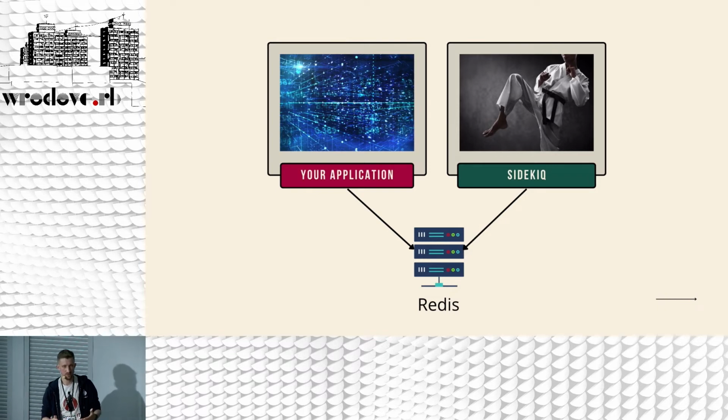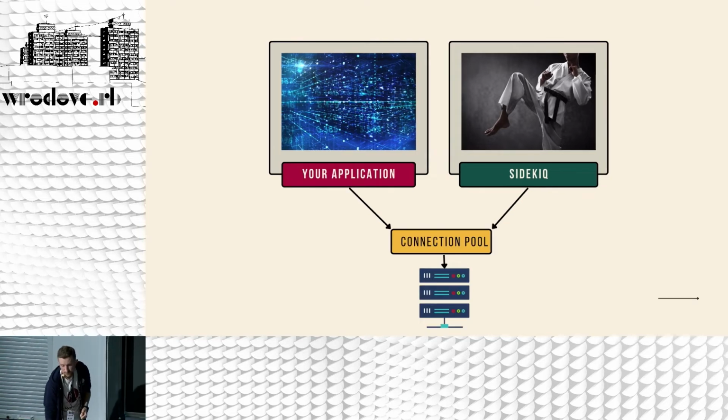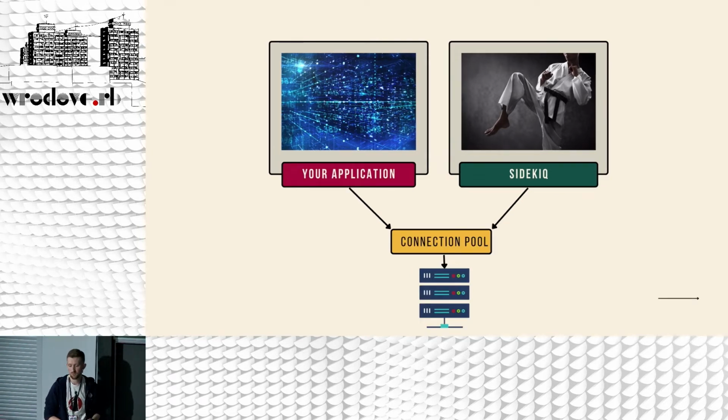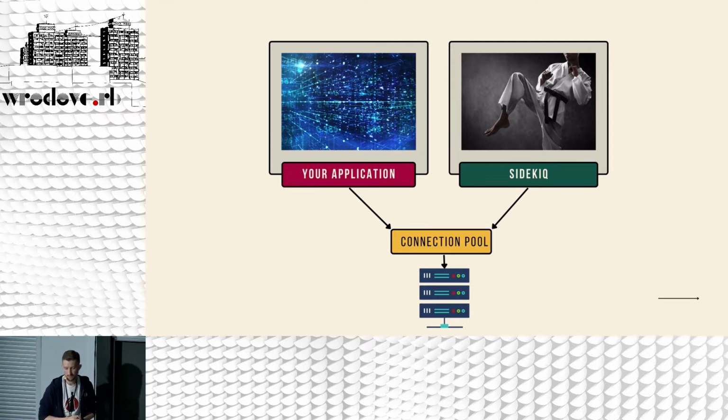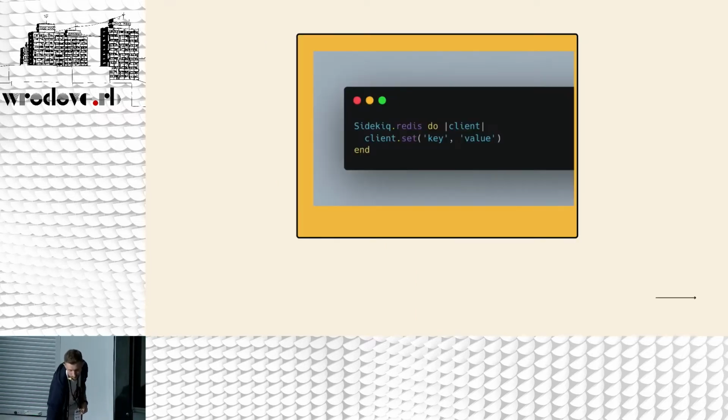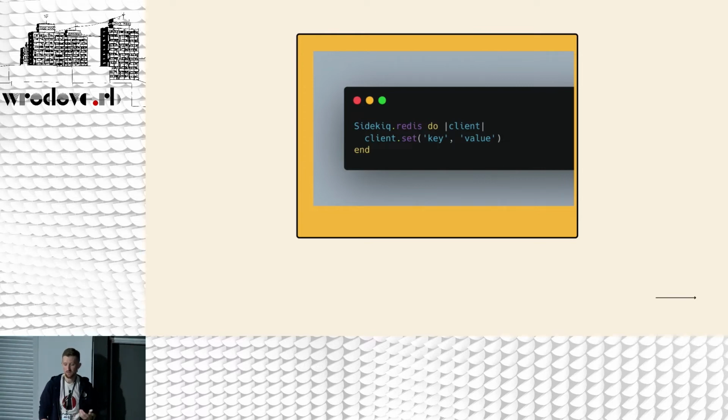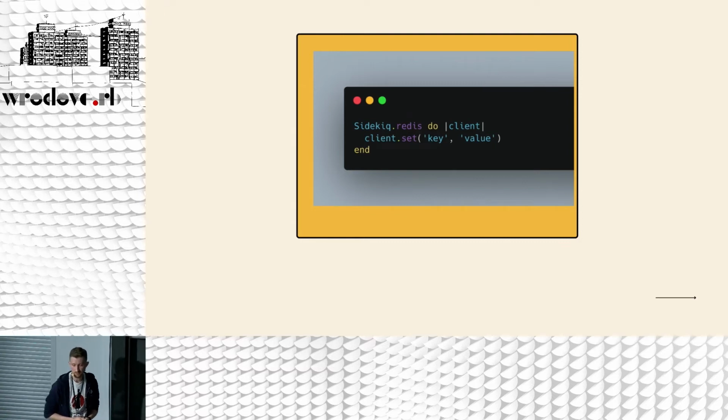There are no more connections, and you will end up with an error. So the very simple solution for that is to use a connection pool for both your application and Sidekiq. And also it's very easy because Sidekiq provides an interface for that. You can easily use this block and call your Redis, and you are sure that you won't run out of the available connections.